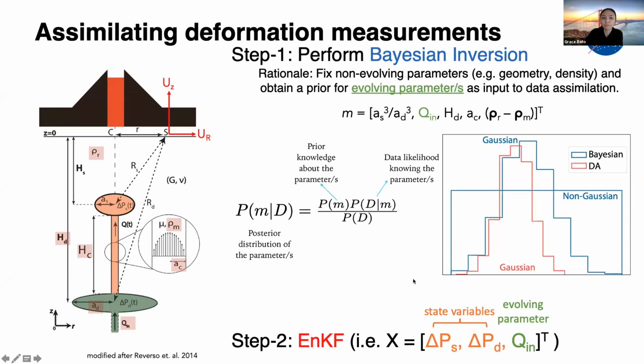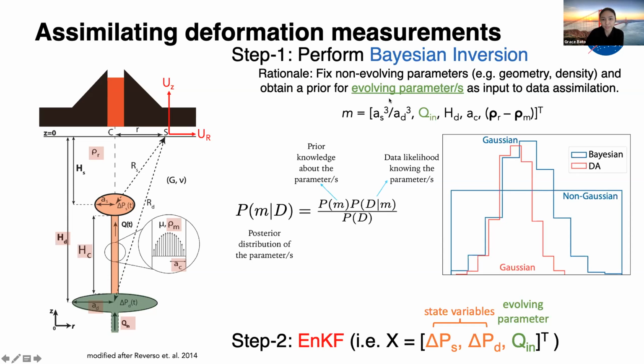So to circumvent the issue of waiting for these parameters to stabilize in time, what we did during my PhD was to perform Bayesian inversion first prior to EnKF. And this is to fix non-evolving parameters first, such as the geometry of the reservoirs, the magma density contrast, and obtain a prior for the evolving parameters as input to data assimilation, because as I've earlier mentioned, we strictly follow Gaussian assumptions.